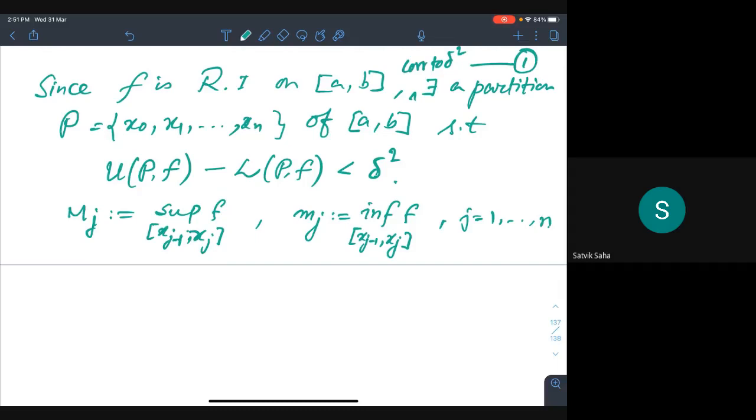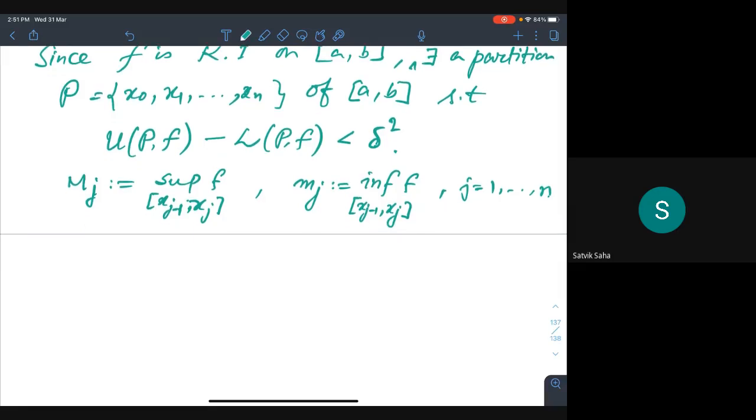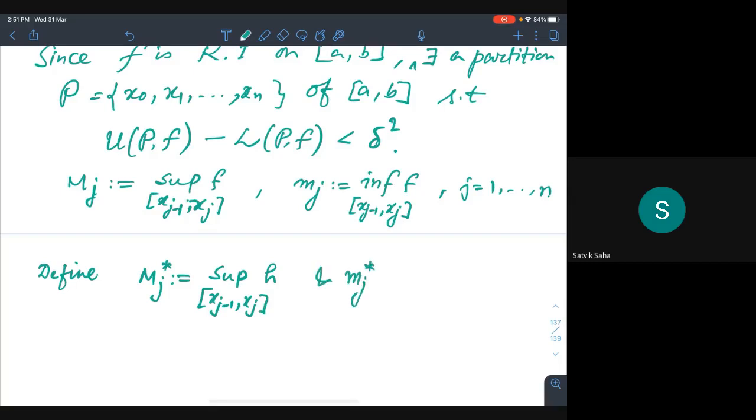Now we need to find the supremum for h. So define Mj star to be the supremum of h on [x_{j-1}, x_j] and mj star to be the infimum of h over [x_{j-1}, x_j].